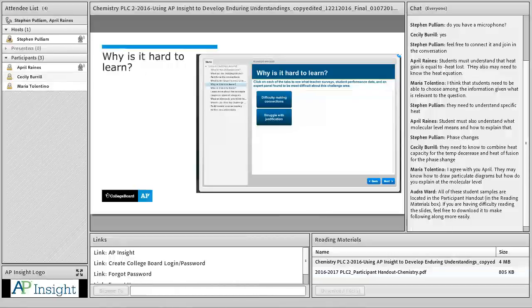What is it that students have difficulty with? What connections do they have difficulty making? And how do they struggle with justification? So some of those resources are going to help us head those things off at the pass, maybe even before they start.